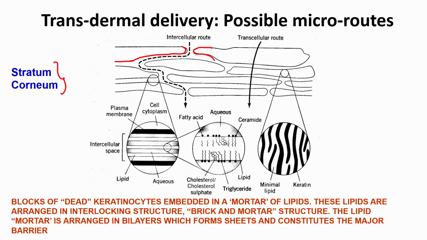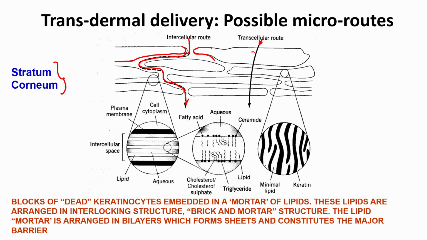Either it has to find the gaps between different cells and traverse through that gap, or it has to go through the cell itself. So, it has to be lipophilic enough to be able to interact with the membrane, but still be amphiphilic enough to also interact with the cytoplasm.